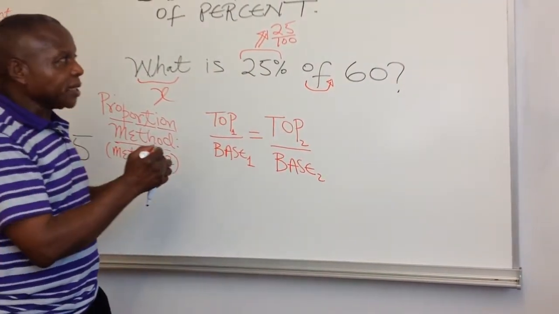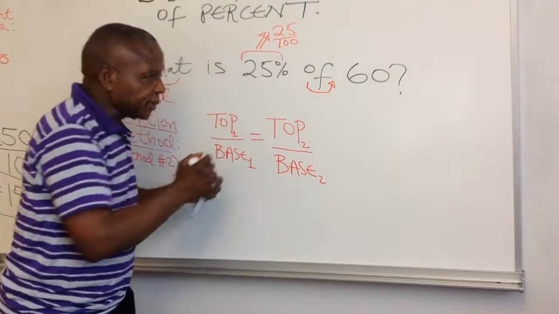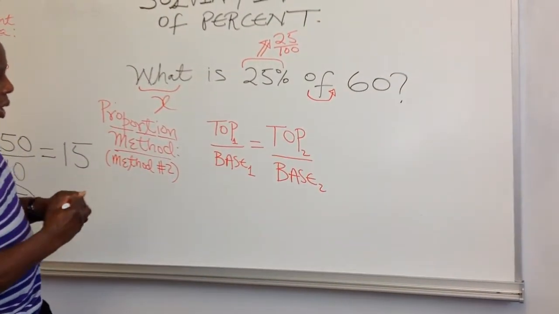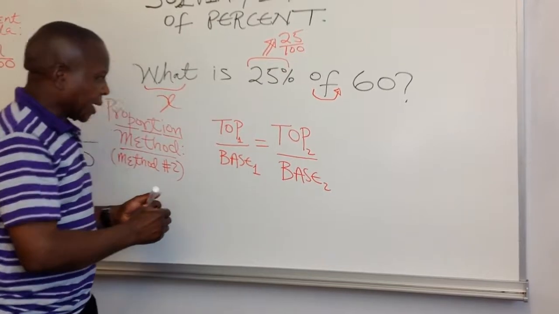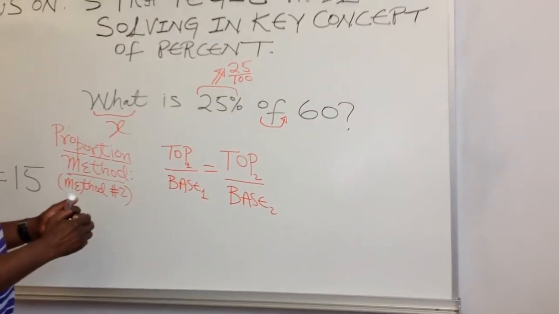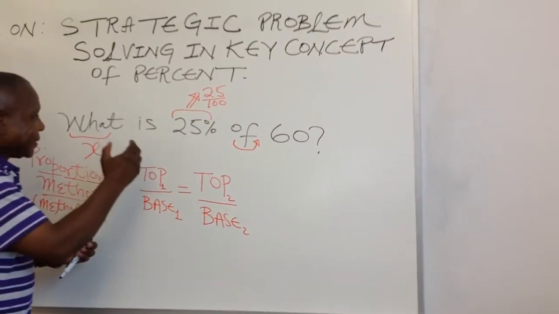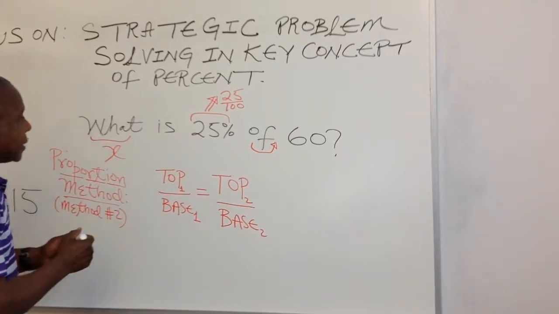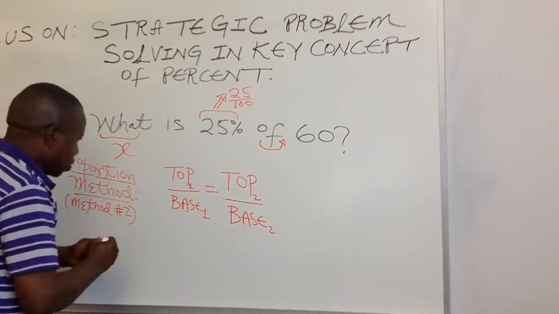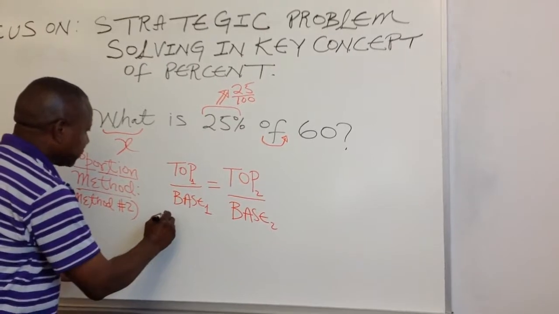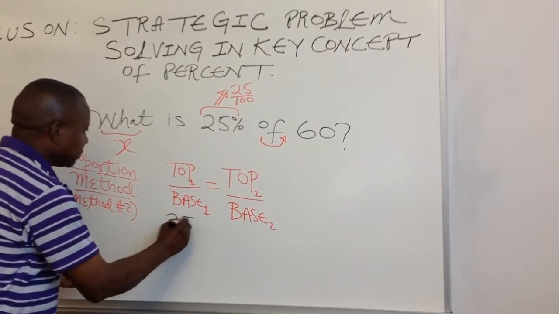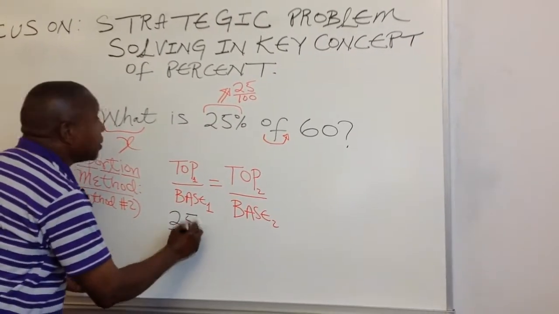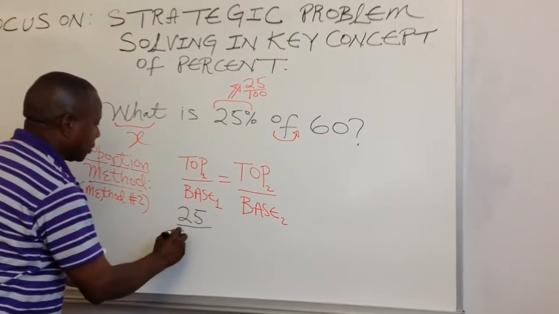So on the left side, I am perfectly free to write my top 1 number as 25. My base 1 number now becomes 100.